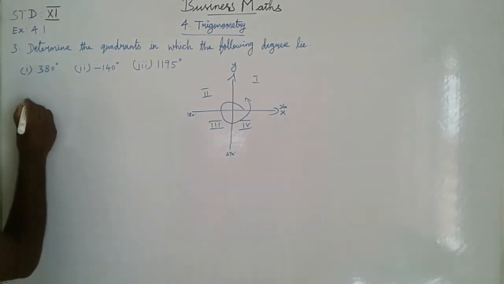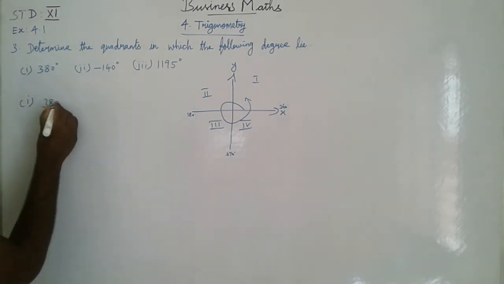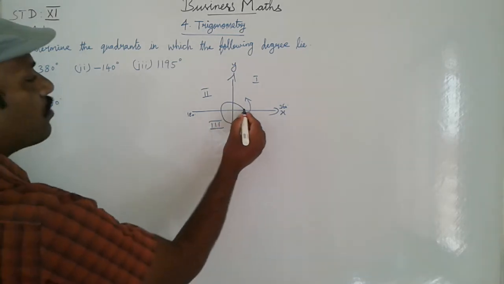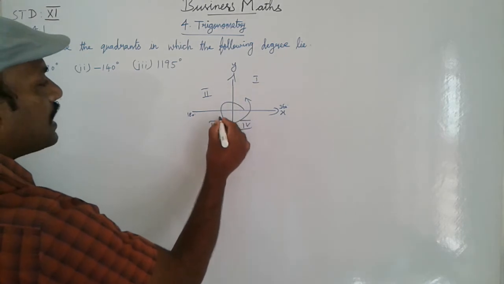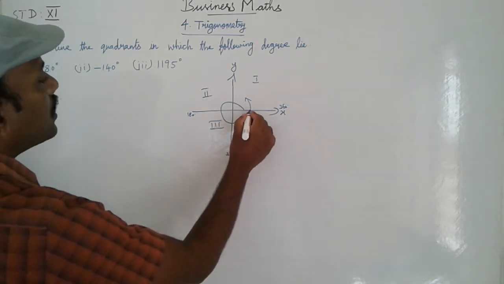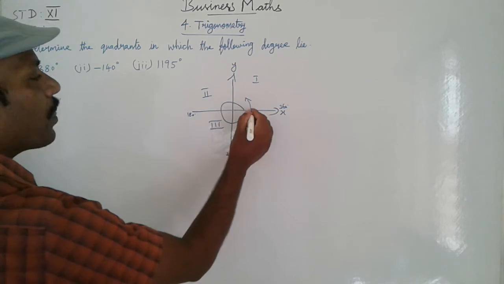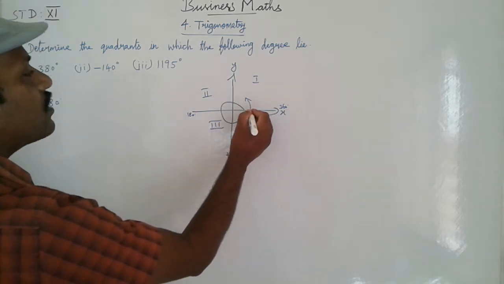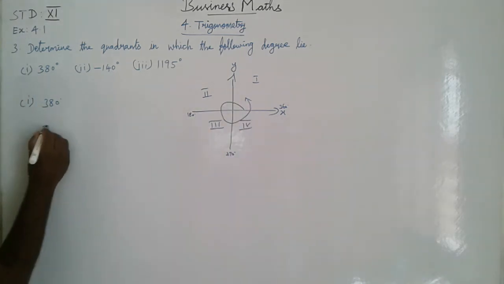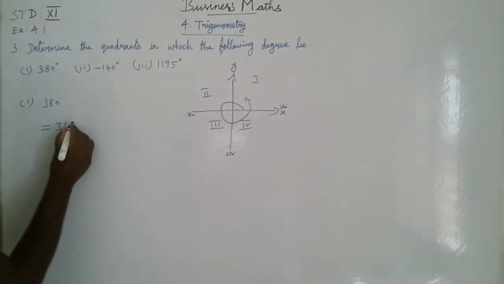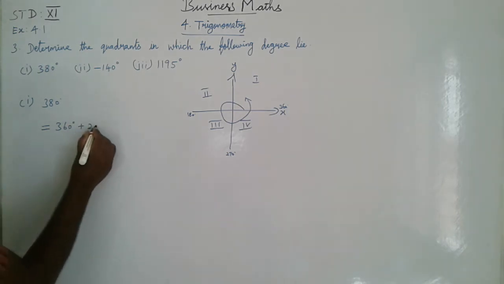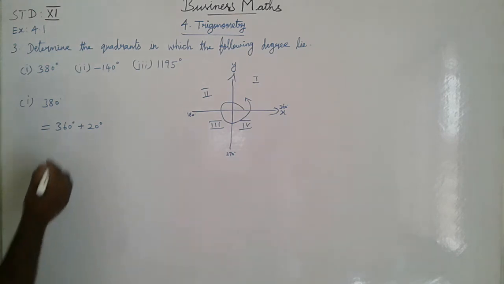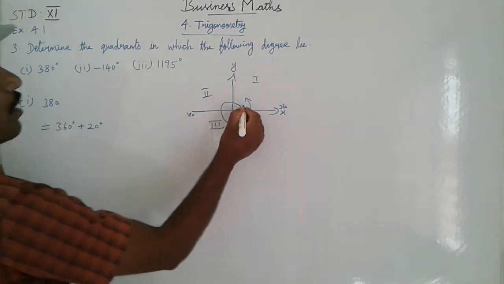So first one, 380 degrees. Which quadrant should we find for 380 degrees? The first one starts from 0 to 360 degrees. 360 is also the 0 degree. Next, again we should write like this: 360 degrees plus 20 degrees is 380 degrees. So one round of 360 is completed.